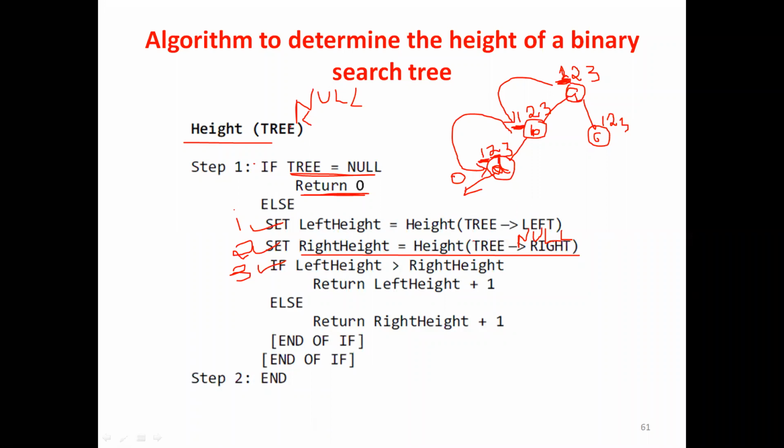Now this function is called with null. So what happens if tree equals null, it returns 0? It means that this node D is not having a left child as well as a right child. That is what this means. Okay, step 2 is over.